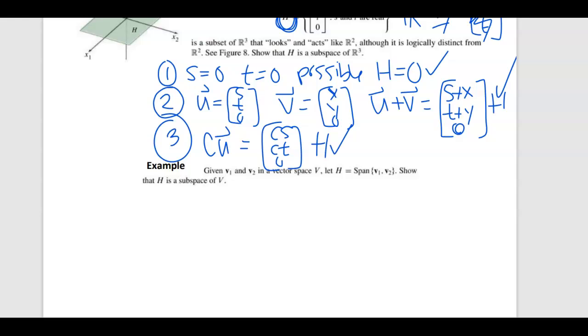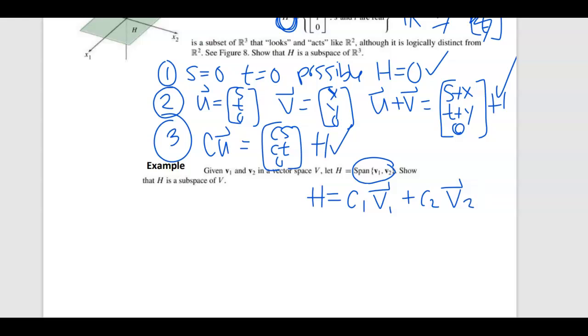All right, one more example for us, bringing back in vector spaces. If I know that V includes two vectors, v1, v2, and H is the span. Let's remind ourselves what span is. Remember, span is any linear combination, so H is equal to c1 v1 plus c2 v2.